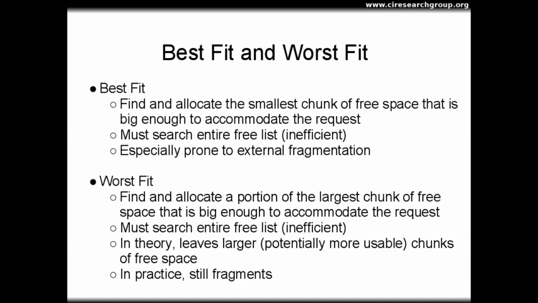In theory, this allocation strategy leaves larger, and thus potentially more usable, chunks of free space available. In practice, however, this algorithm still fragments badly, both internally and externally. Aside from the fragmentation, both of these algorithms are impractical in actual kernel implementations because they must perform a search of the entire free list to find the smallest or largest chunk of memory.